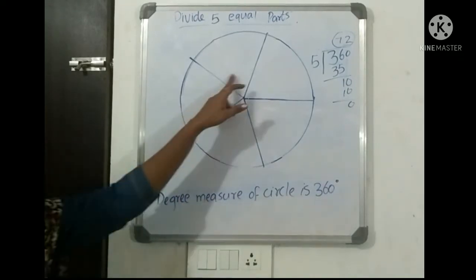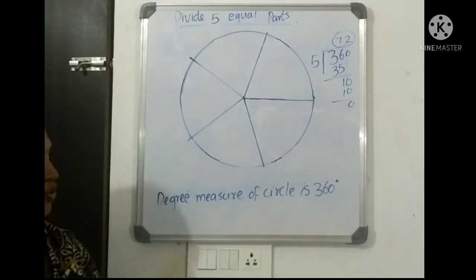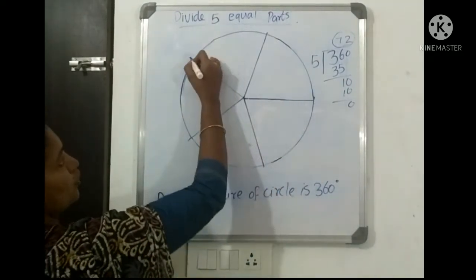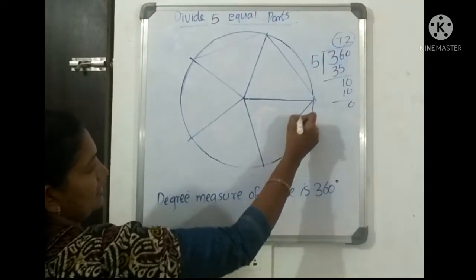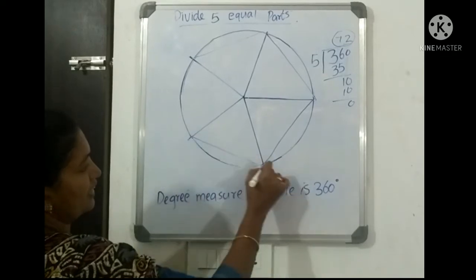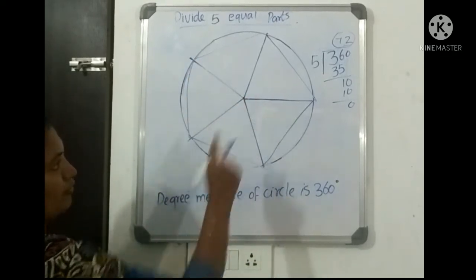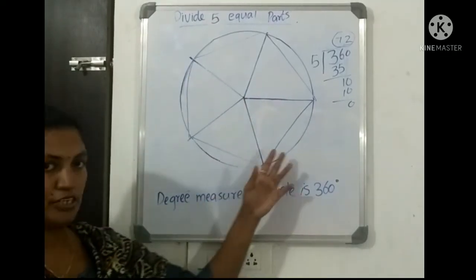Okay, now we have this circle divided into 5 equal parts. If you join these sides, what will you get? Yes, last year we studied that 5-sided figures are called pentagons. Now you have got a pentagon. Understood, all of you?